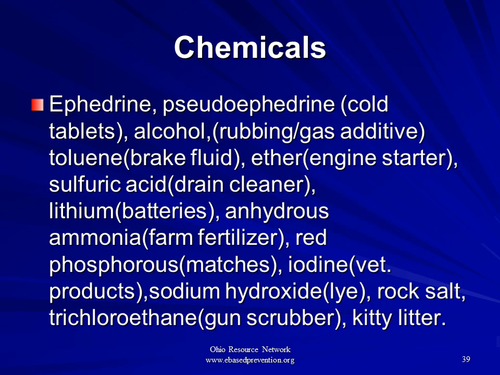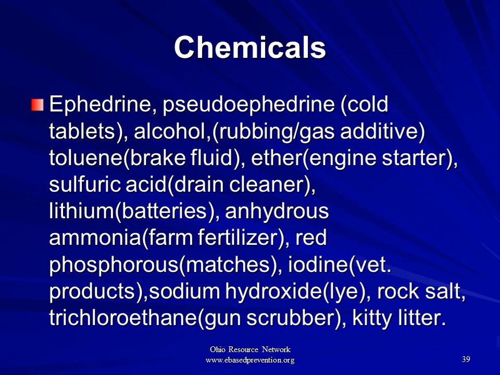And here's some of the various household chemicals that are used to produce methamphetamine. Number one on this list is ephedrine and pseudoephedrine, and then there's all manner of household chemicals used as solvent washes for the methamphetamine mixture, such as alcohol, toluene, ether, sulfuric acid, and so forth.